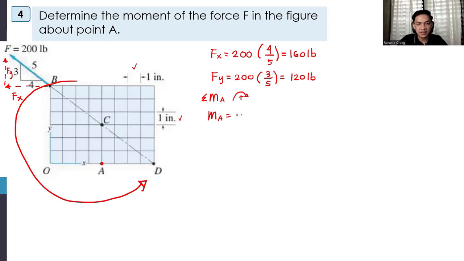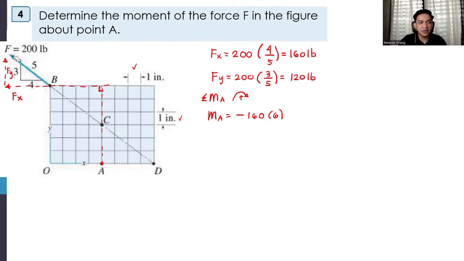So, this is negative Fx, which is 160. Next is ang kanyang perpendicular distance. So, tingnan natin. Ito yung ating Fx. So, pagpapunta tayo sa ating A, this is its perpendicular distance. So, bilangin natin 1, 2, 3, 4, 5, 6. So, we have 6 inches papunta sa ating point A.